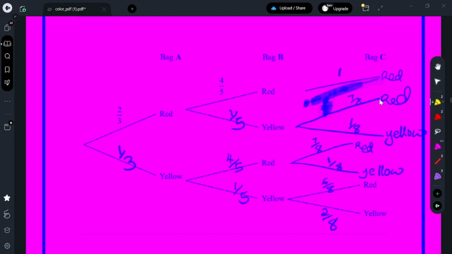And getting a red after placing a red and a yellow, the total becomes 8. Initially, the total was 6. So the total becomes 8.